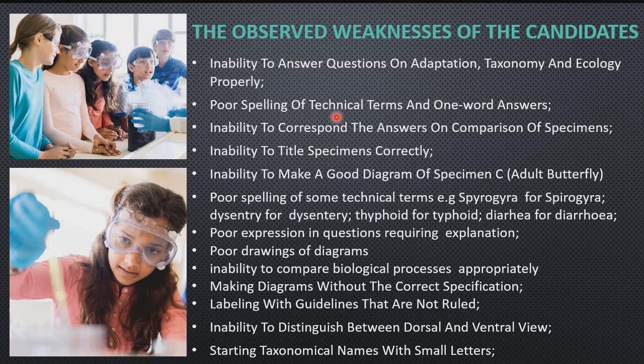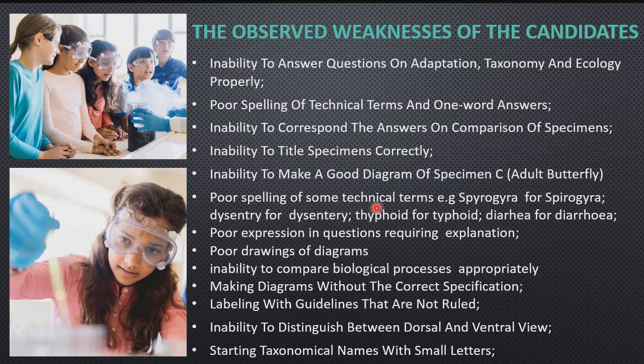Instead of explaining, they just highlight. Also, inability to correspond the answers on comparison of specimens, inability to title specimens correctly, and inability to make a good diagram of specimen C, which is an adult butterfly.